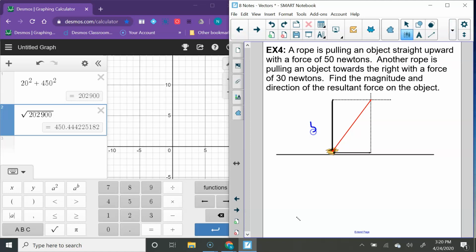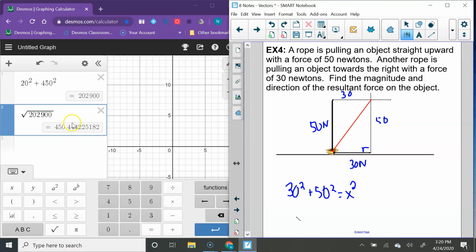And so this is 50 newtons, and this is 30 newtons, which also means this would be 30, and this would be 50. And so we are supposed to find the resultant force on the object and the direction. So the force, we're just going to do Pythagorean theorem here. So we'll have 30 squared plus 50 squared is going to equal x squared.